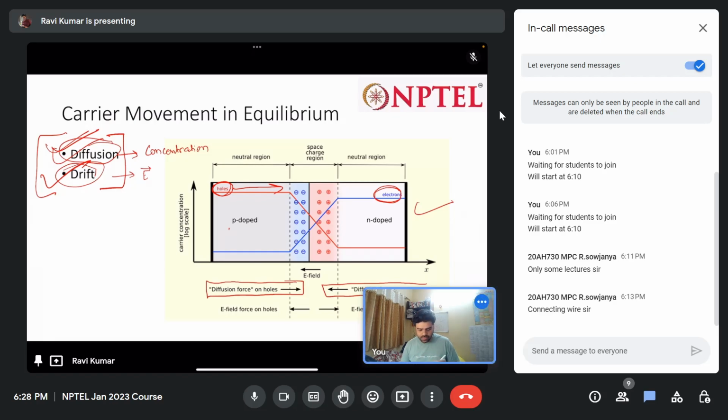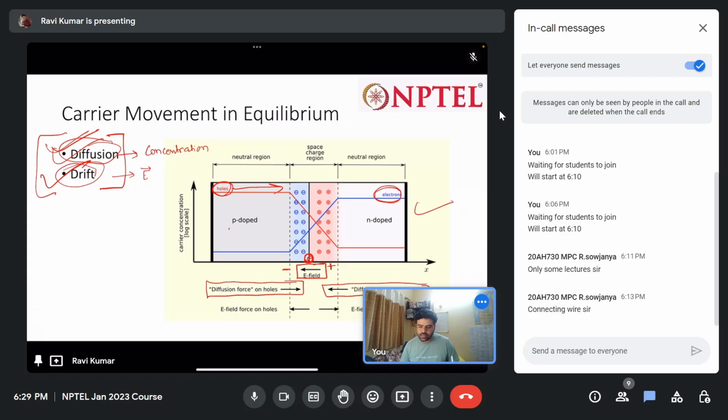Correct, and this is the direction of electric field. So if I am putting an electron here, and just see if I am putting an electron here in between, where will it go?